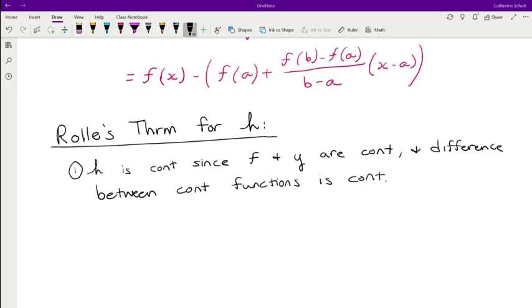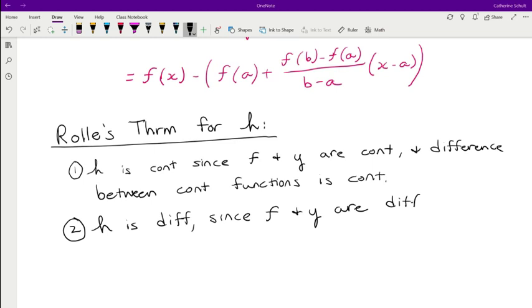All right, and then h is differentiable, since f and y are differentiable, and the difference between two differentiable functions is differentiable. I'll just say since f and y are differentiable as a shortcut. And then finally, visually, we saw that h of a is equal to h of b.